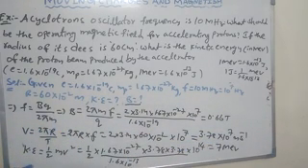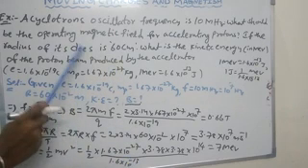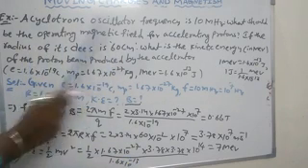Next, kinetic energy. Kinetic energy of the particle in that cyclotron is half mv square, half into mass 1.67 into 10 power minus 27, and the speed we got, that we substituted. Then divide by 1.6 into 10 power minus 13, because this is asked in mega electron volt.